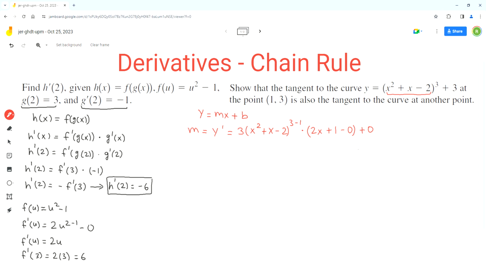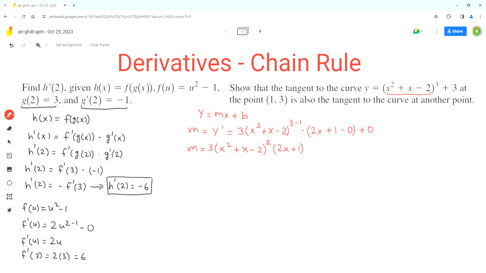Now we can simplify this expression. So we get m equals, in the first part, 3 times (x squared plus x minus 2) squared, and in the second parentheses we just have 2x plus 1. Now we have to find the slope of the tangent at the point (1, 3).